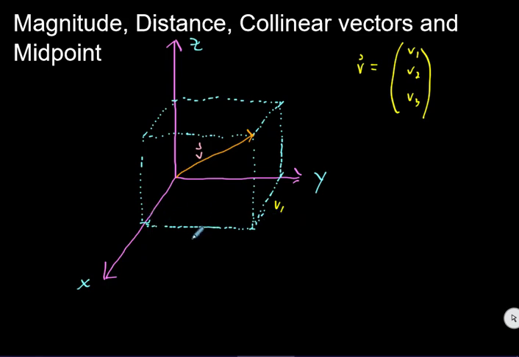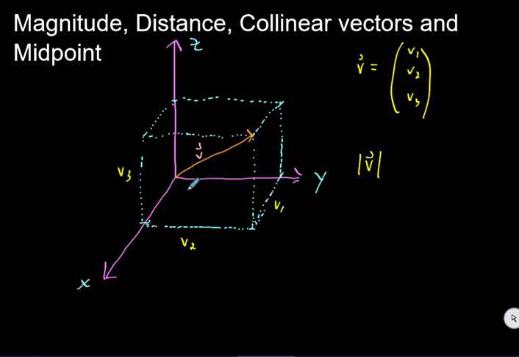This is my y distance, from here to here, which is v sub 2, and this distance right here is v sub 3. We're going to try to figure out what the magnitude of v is.